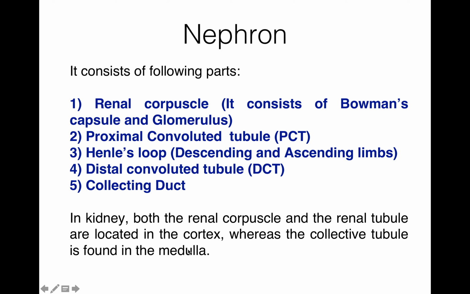Then fourth, distal convoluted tubule, that is DCT. Then fifth is collecting duct. In the kidney, both the renal capsule and the renal tubule are located in the cortex, but the collecting tubule is found in the medulla only.